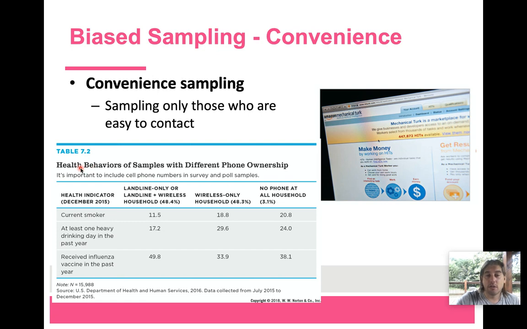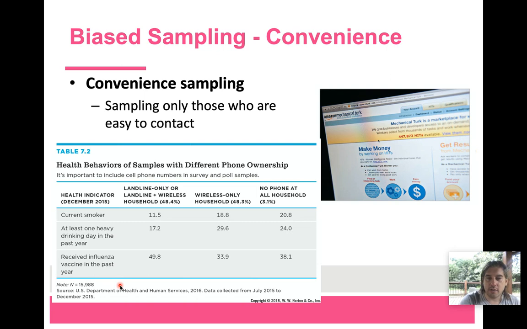And they wanted to know about people's health behaviors. Three main questions were asked. Are you a current smoker? Have you had at least one heavy drinking day in the past year? And I'm sure they defined heavy drinking as something like 4 or more drinks or 5 or more drinks in the same day. And then, have you received the influenza vaccine in the past year? So these are three target questions.